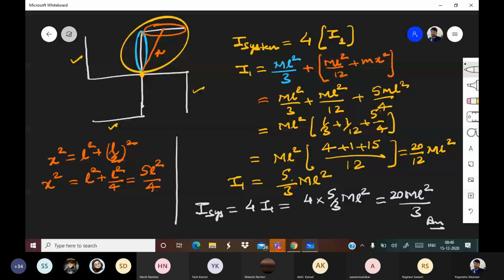No problem. So how many of you got this answer, 20 ml square by 3? How many of you got the same answer?